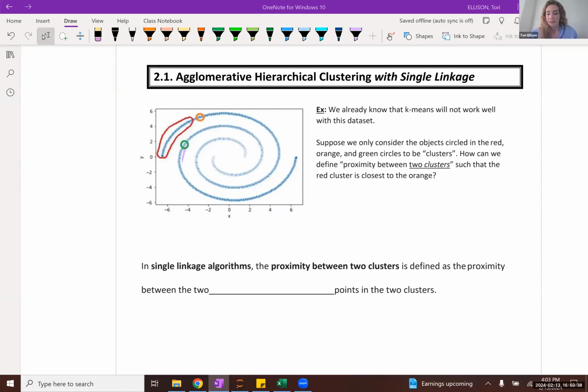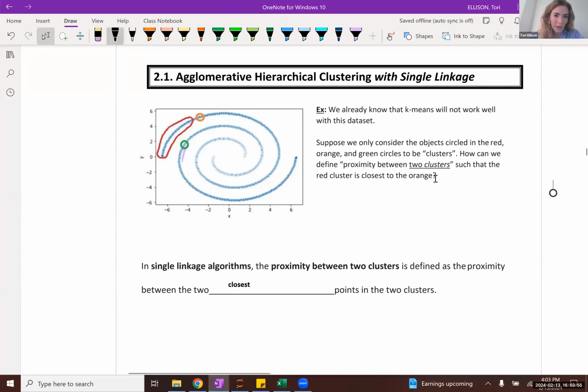Yeah, okay. So let's think about this way to define the distance between two clusters. Let's just say we choose to define the distance between two clusters as the proximity or distance between the two closest points in the two clusters.